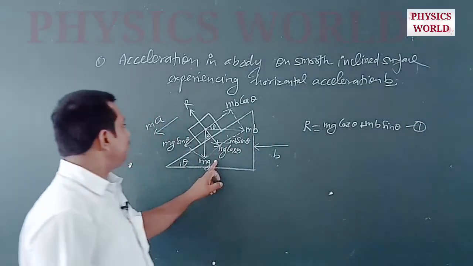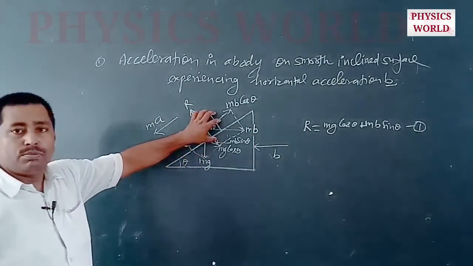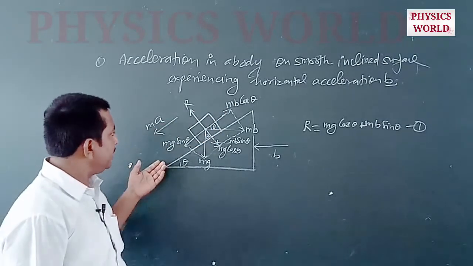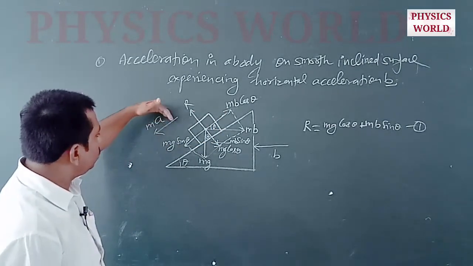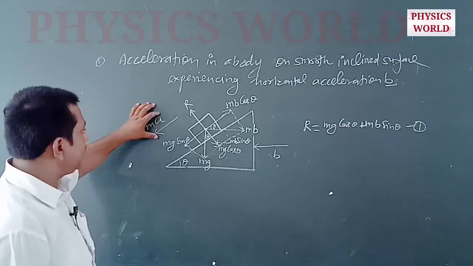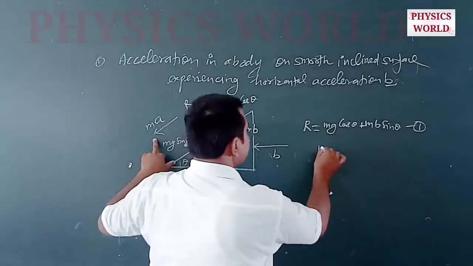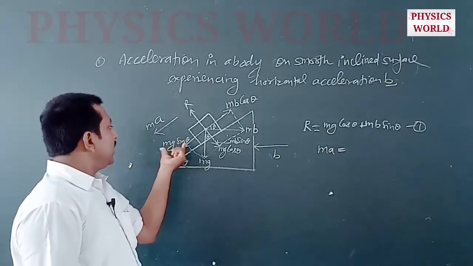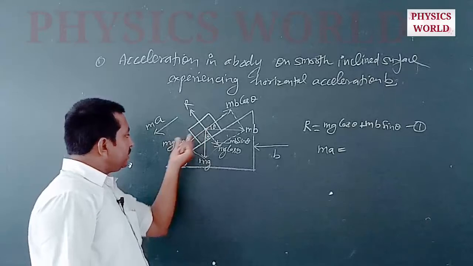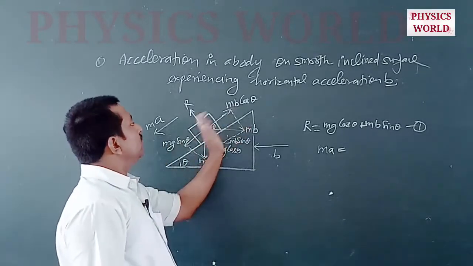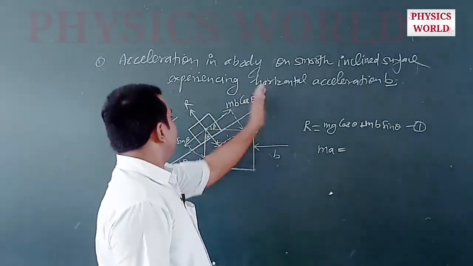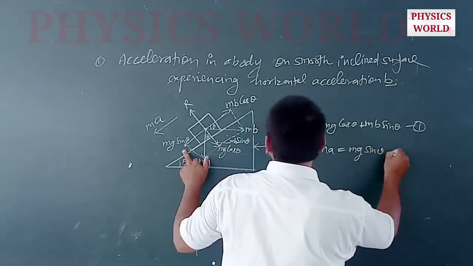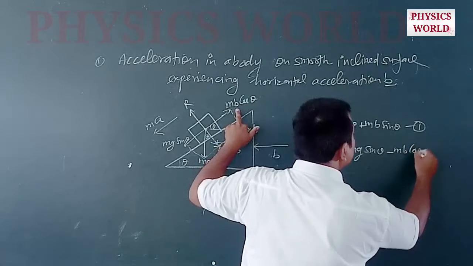And from here we are seeing that the object is moving along the contact surface plane by acceleration a. So the force acting in this direction is ma. So ma is the resultant force. This will be equal to the force by the object pulling towards this direction minus the force that is opposing the motion, that is mg sin theta minus mb cos theta.